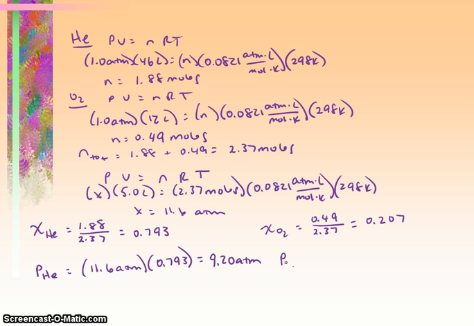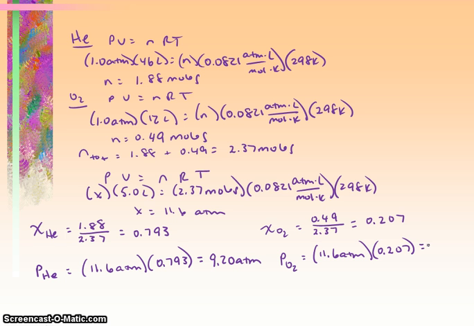Our partial pressure for the oxygen will be determined by taking the total pressure exerted by the mixture, so 11.6 atm, times the mole fraction for oxygen, 0.207.